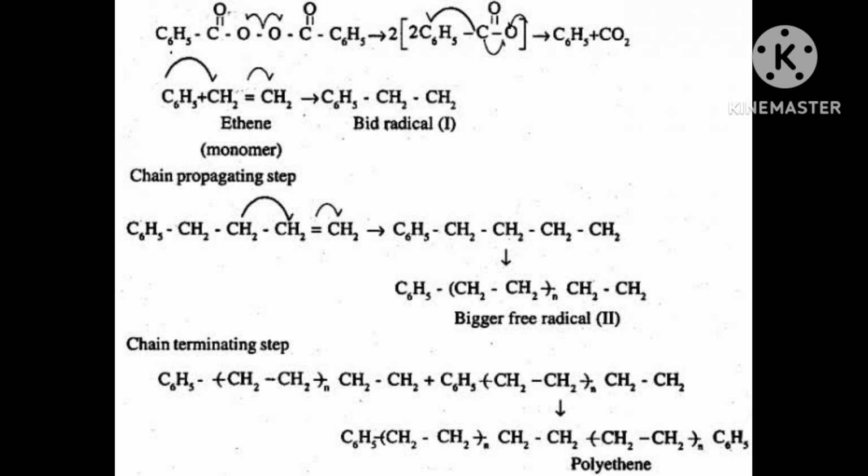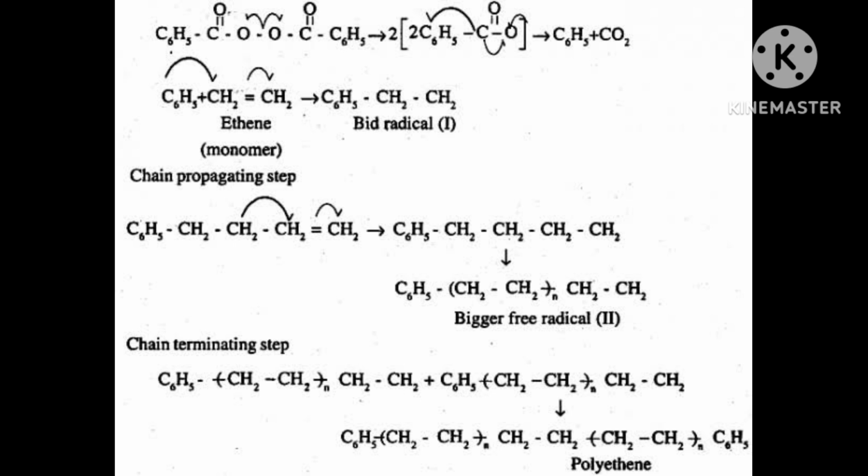C6H5 is outside, inside the bracket CH2 many times, and after that the first chain joined with the second chain, which was also having CH2 many times in the same way. Correct? And in the end it was joined with C6H5.